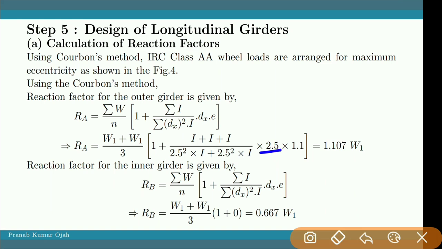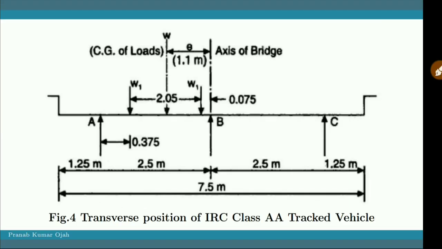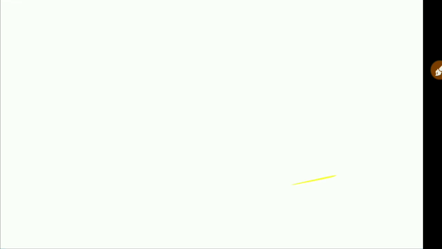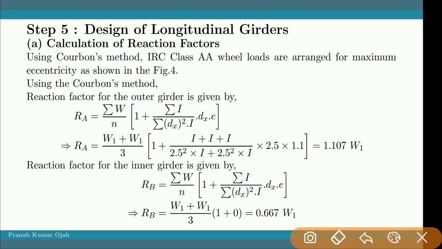Now this dx is for the girder A, as we are calculating the reaction factor for A, and this is the eccentricity. Already we have discussed what the eccentricity is. After the calculation we will get RA equal to 1.107 W1.